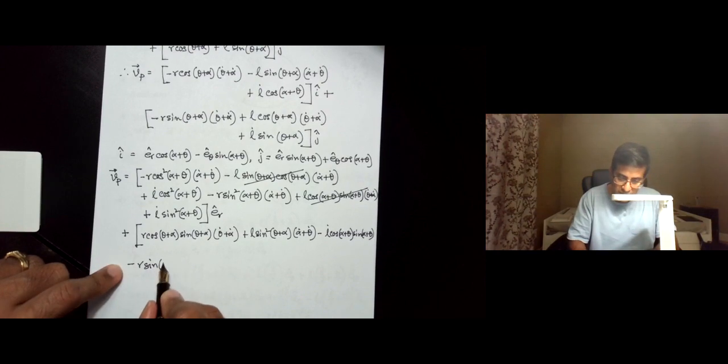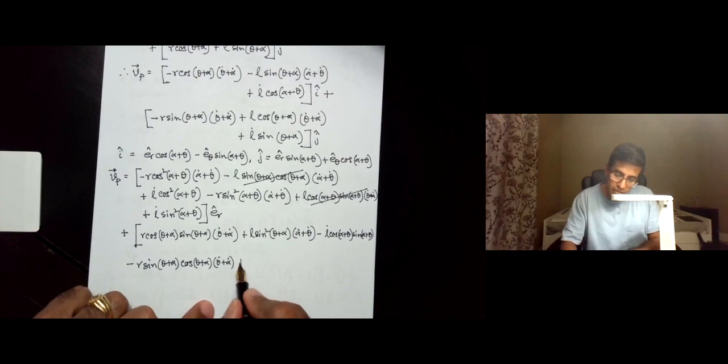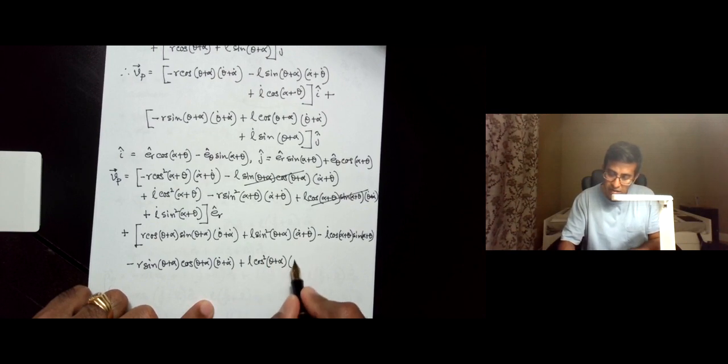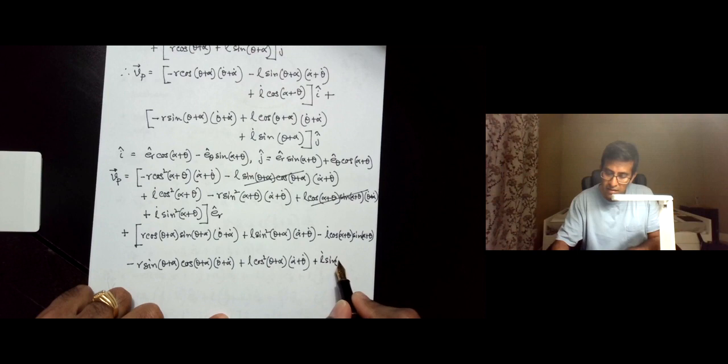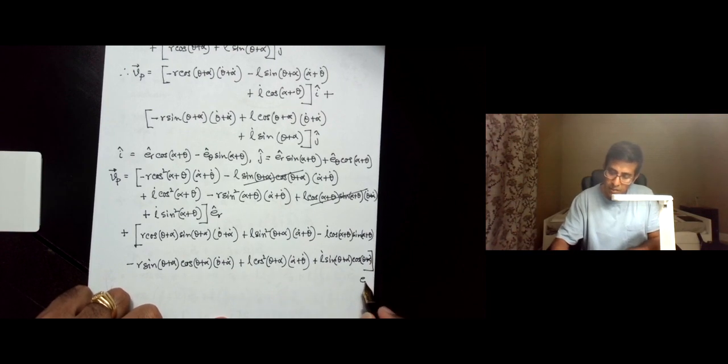So we'll have minus r sine theta plus alpha cosine of theta plus alpha, theta dot plus alpha dot, plus L cosine squared theta plus alpha, alpha dot plus theta dot, plus L dot sine theta plus alpha cosine theta plus alpha. So this square bracketed term will get multiplied by E theta.